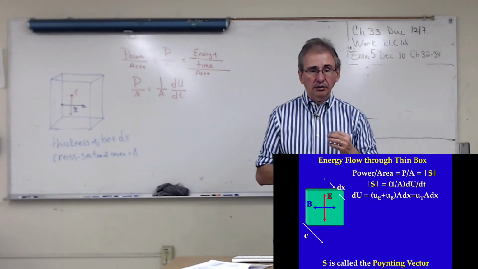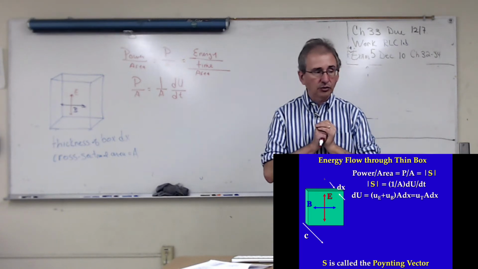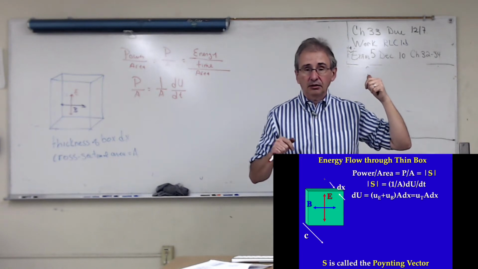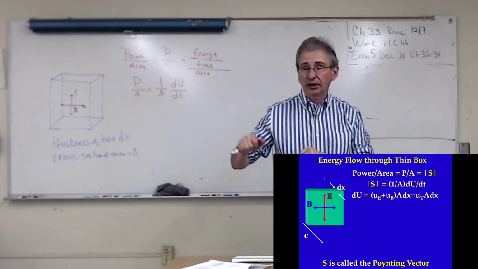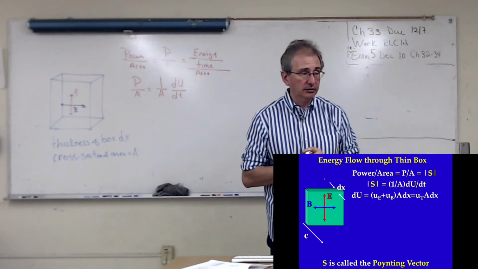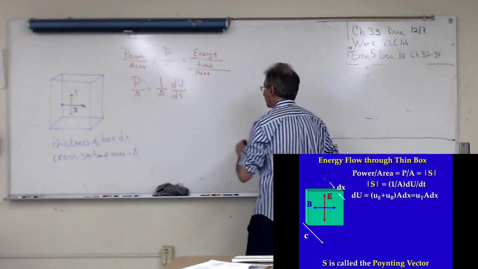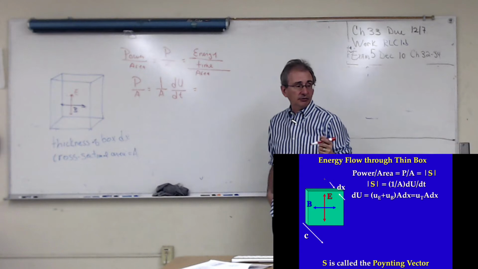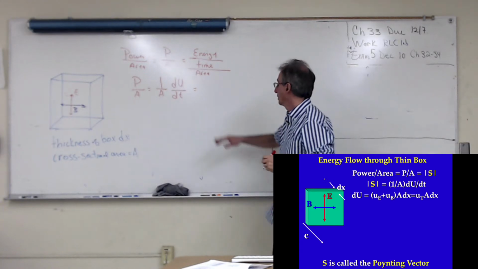And the total energy that's coming through is due to the energy density of the electric field and the energy density of the magnetic field.